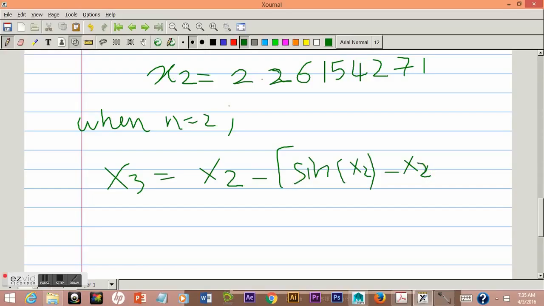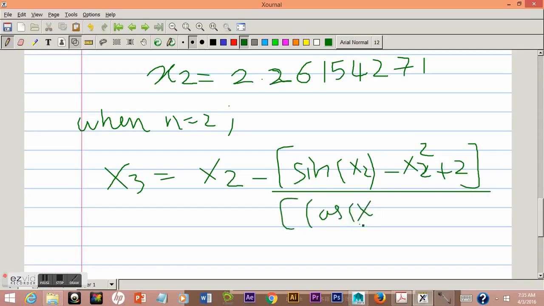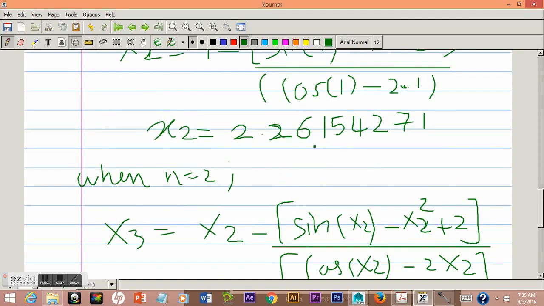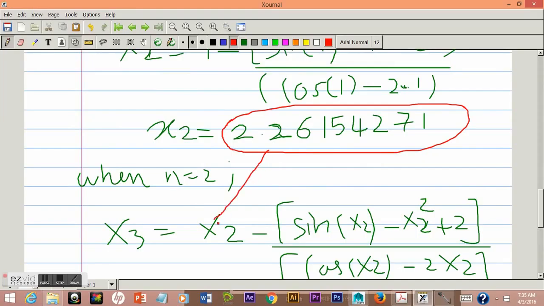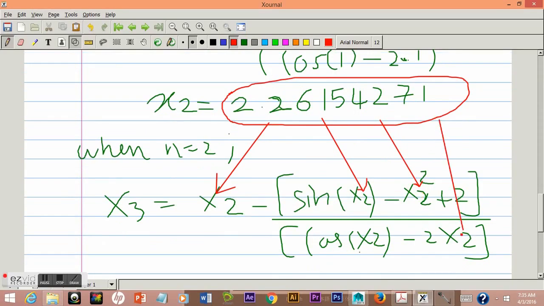So we know the value of x2 we got here. We are going to use this x2 value and substitute here in the place of x2 and simplify. Then x3 will be 1.80733422.